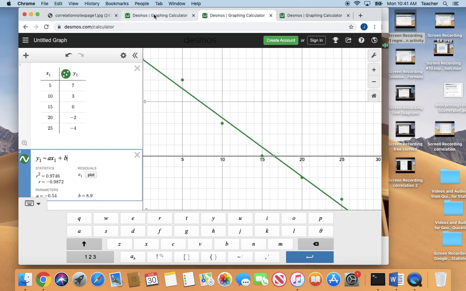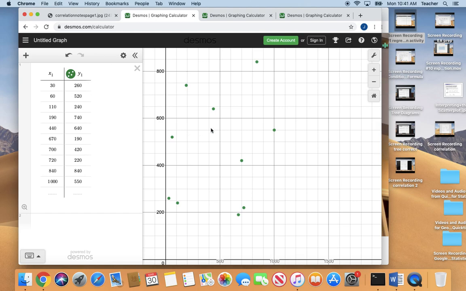So what happens is that sometimes you'll have a scatter plot that looks like this. Now, if I'm looking at this scatter plot, that doesn't look very much like a line to me. So the linear correlation or linear regression is probably not a good fit for this data.